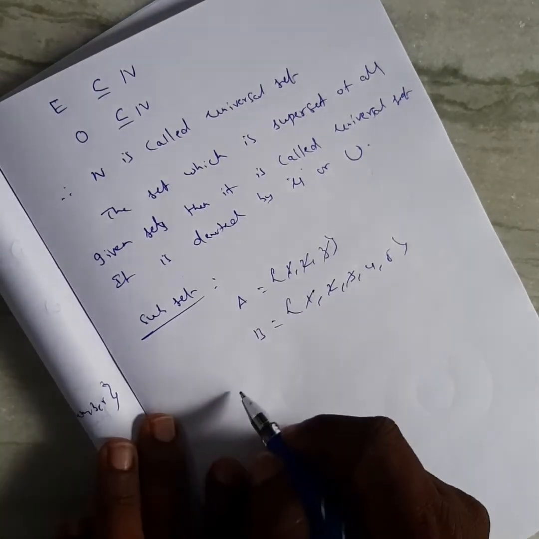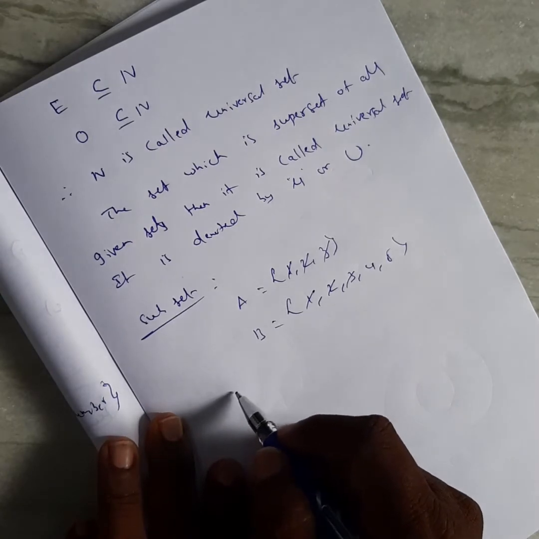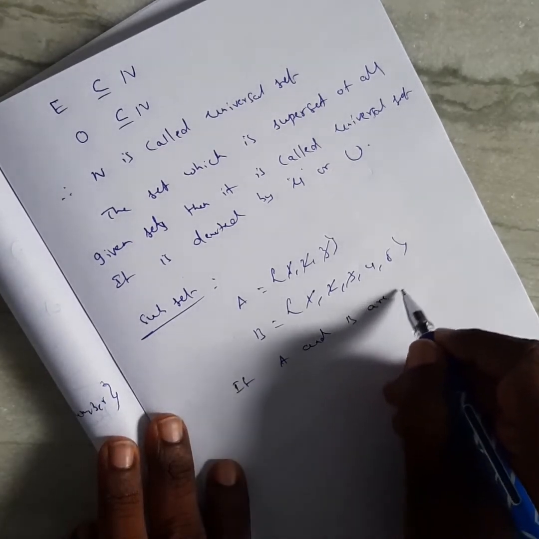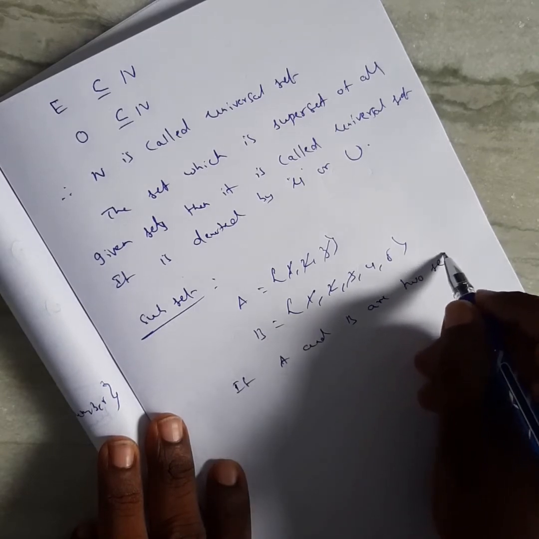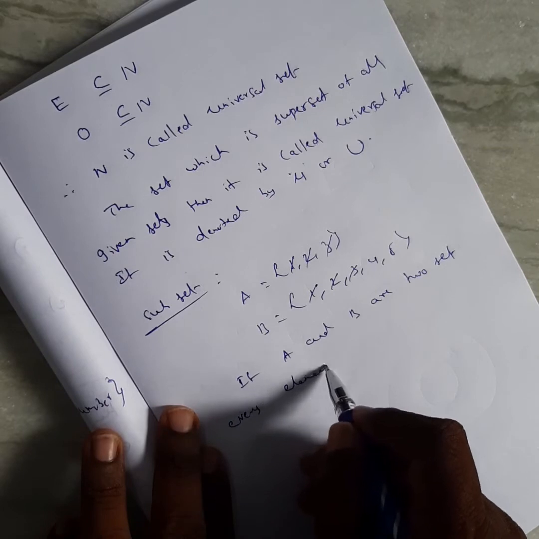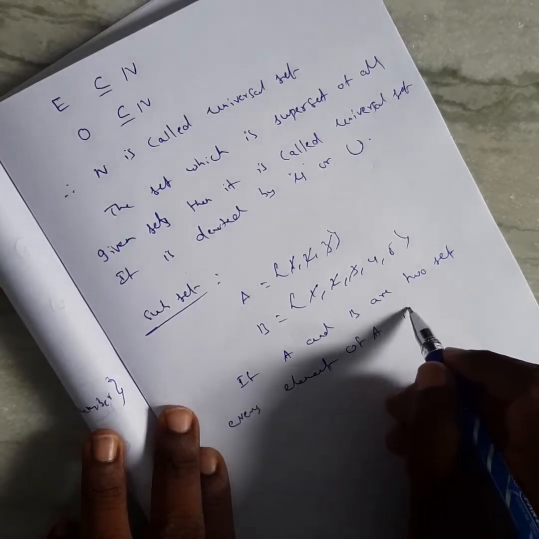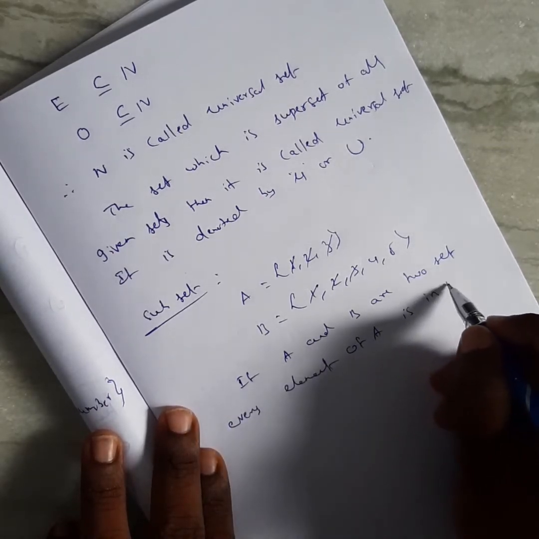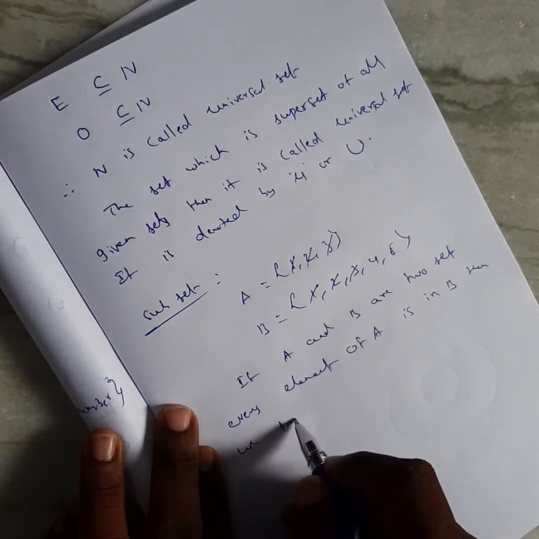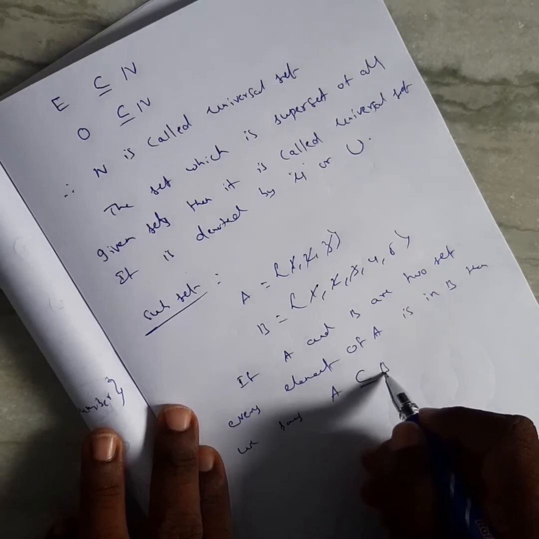That means if A and B are two sets, every element of A is in B, then we say A is a subset of B.